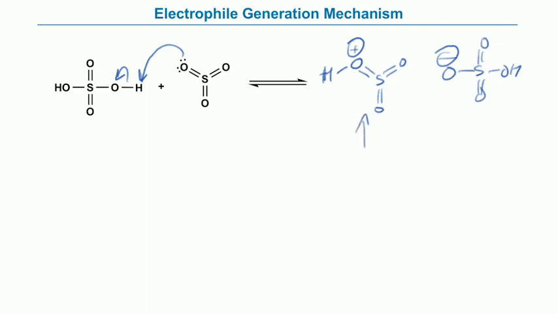The other resonance isomer, you could draw this one, looks like OH, where I'm just putting the charge directly on the sulfur center. We're just trying to emphasize this is an electrophilic sulfur species.